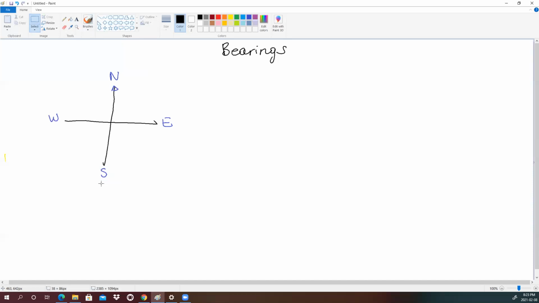It's not just north, south, east, west now, it's incorporating angles to describe the position of something. So instead of just saying top, sides or bottom, you're giving it a more expanded description by incorporating the degrees.